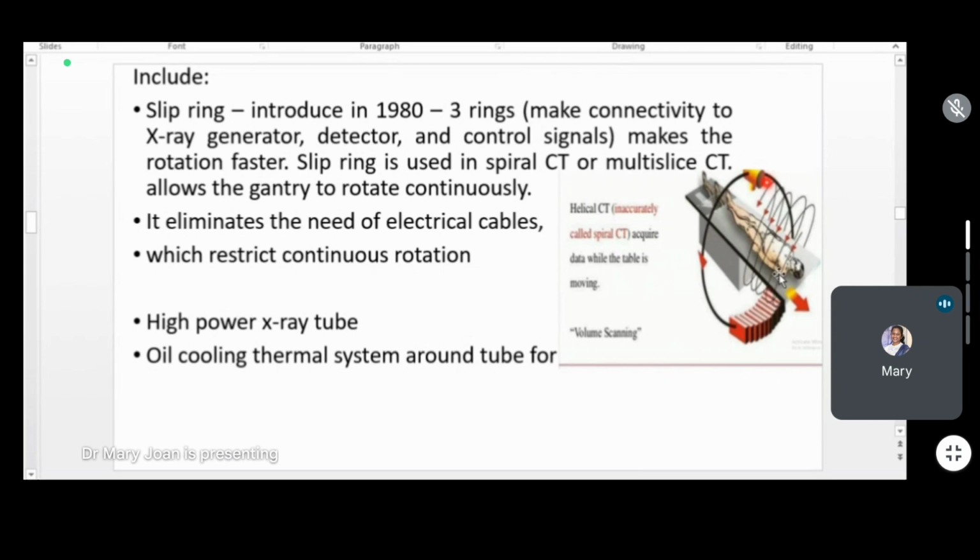You can see the gantry is rotating continuously. It eliminates the need for electrical cables, which previously restricted the continuous rotation. A high power X-ray tube is utilized, with an oil cooling thermal system around the tube. So what we are achieving is a volume scan in a single go.